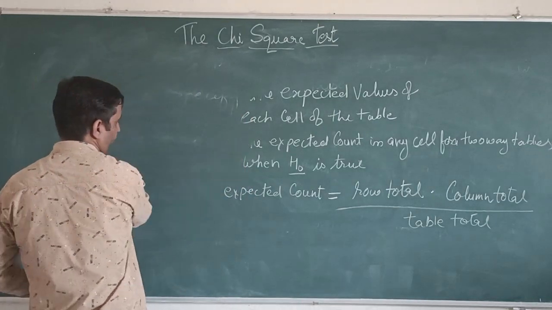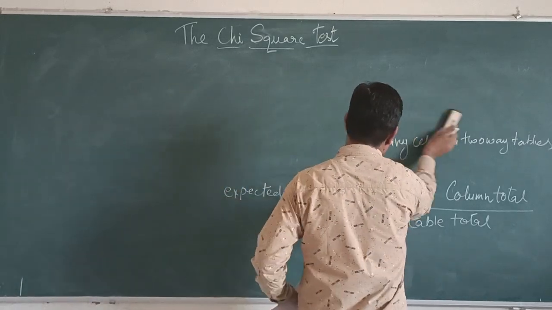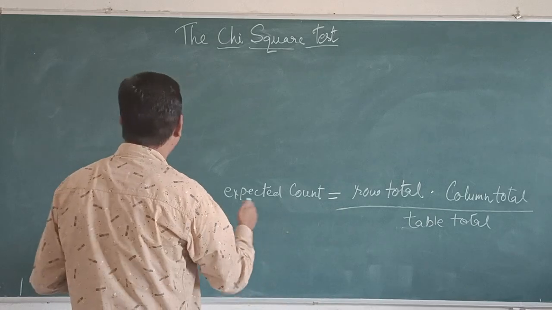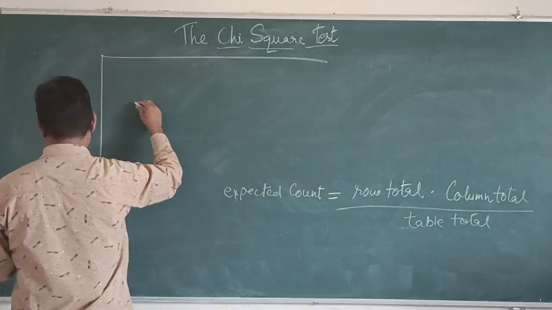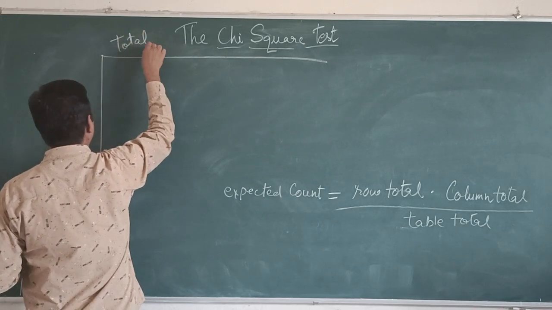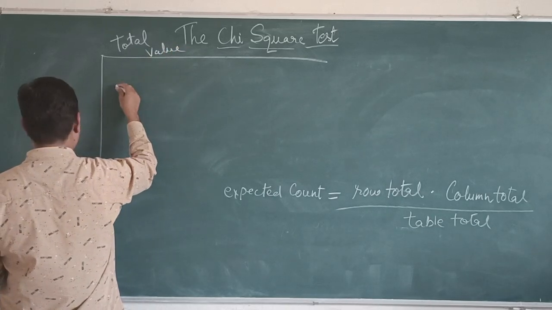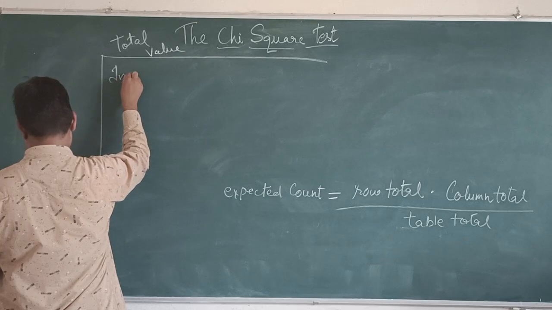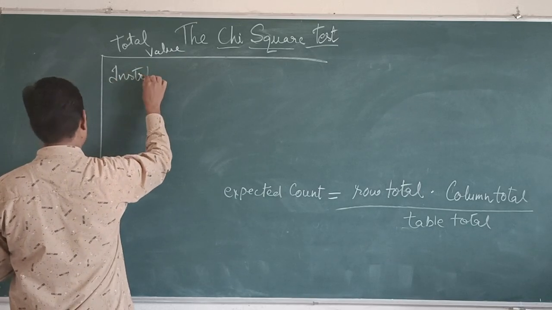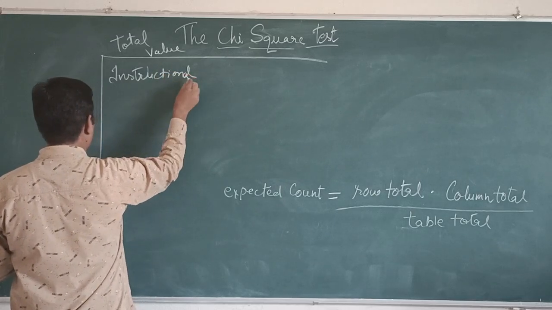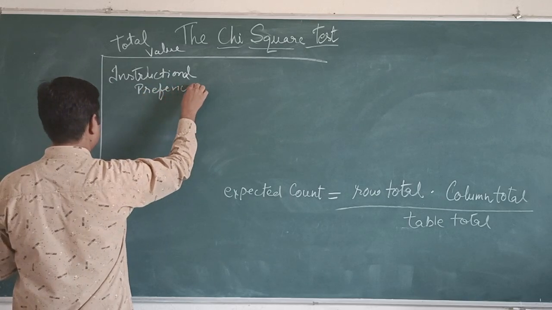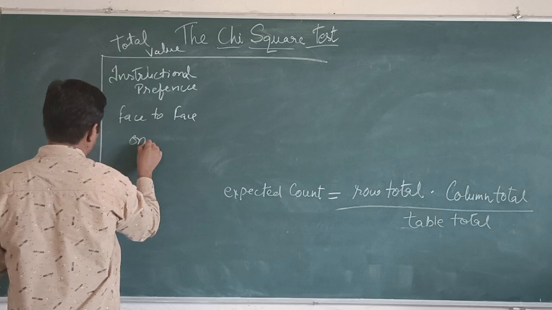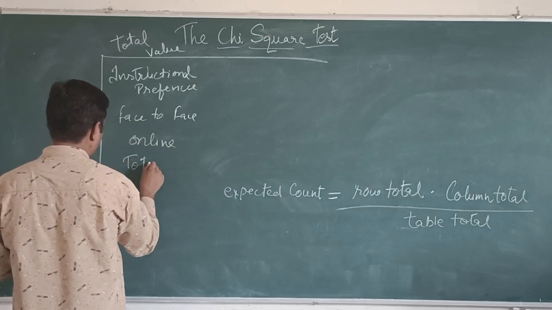We will make a table again, and from that table it will be easier to understand. One table is for total values. The first part is instructional preference, the second is face to face, the third is online, and the last is total.